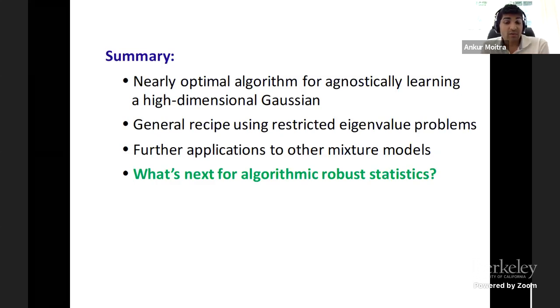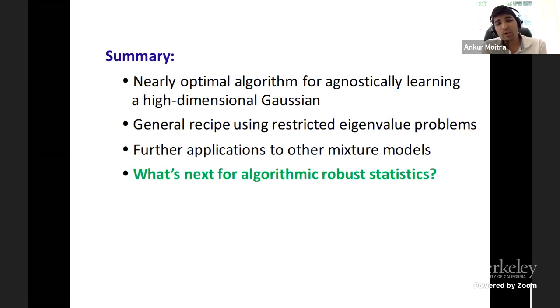And actually, there are approaches based on ideas from tensor analysis and restricted eigenvalue problems, some of the same actors that we saw last time, that can give you provably robust estimators that marry robustness with computational efficiency in interesting ways. I gave you some other applications to other kinds of generative models and related problems. And I think there's a lot more to be done in this space in algorithmic robust statistics.